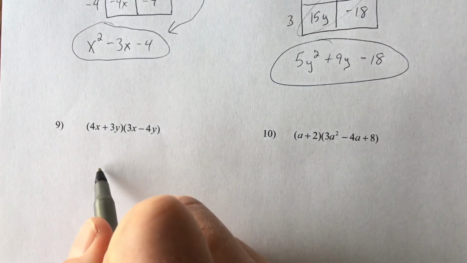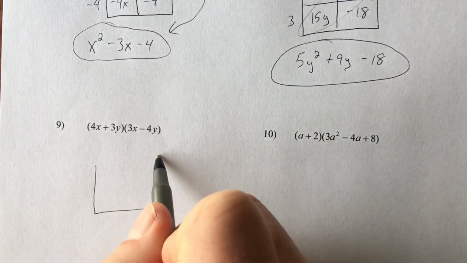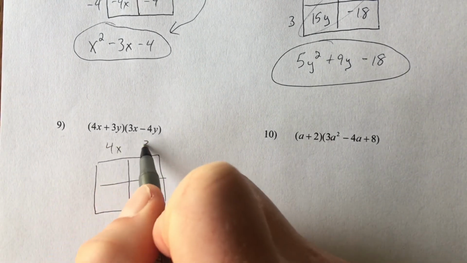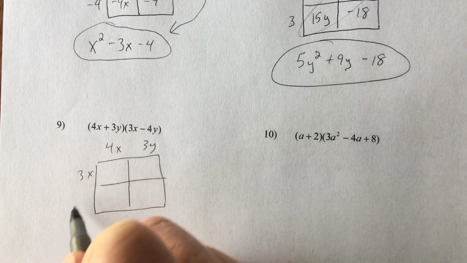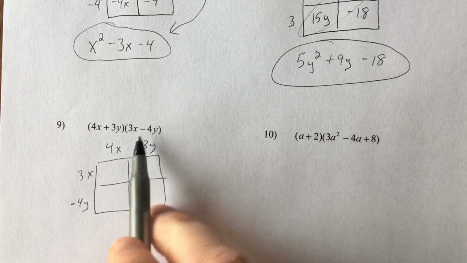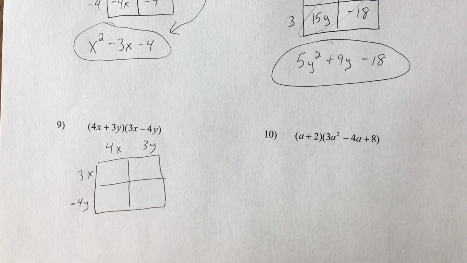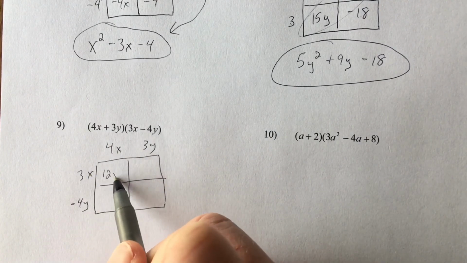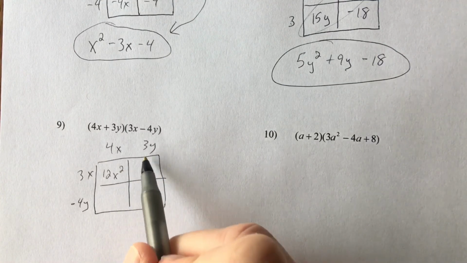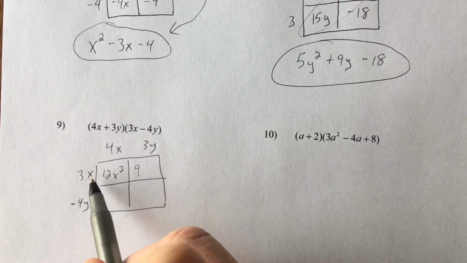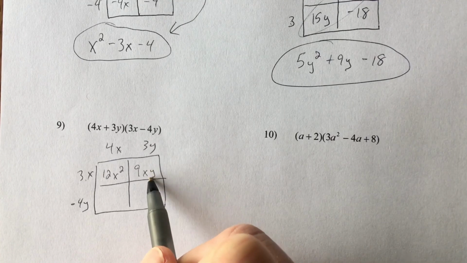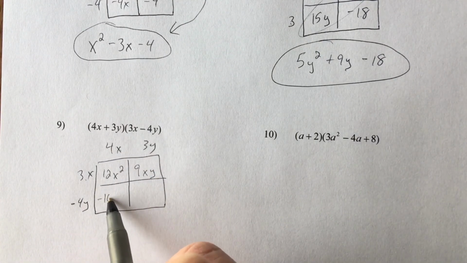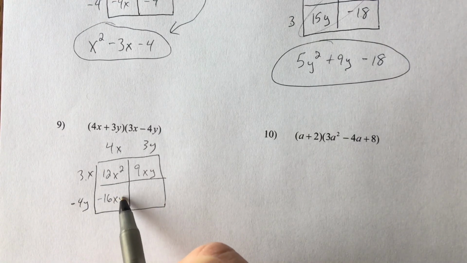Again, I'll stay with that same idea. I'll create this box here. 4x, 3y and 3x, -4y. Make sure if it's a minus that you make it a negative when you do it here. 3 times 4x is 12x. x times x is x squared. 3 times 3y is 9y. x times y, we're going to write as xy. -4 times 4x is -16x. x times y is xy.